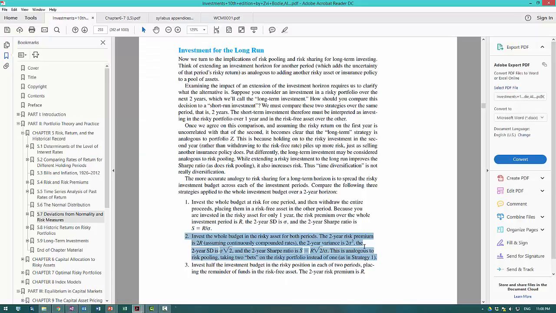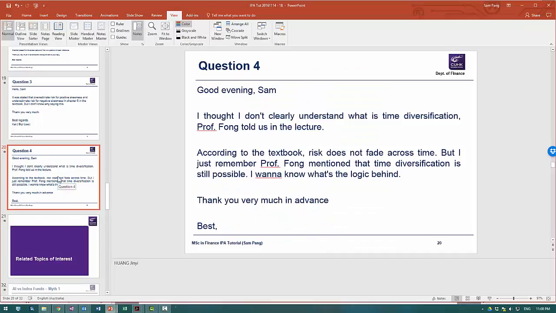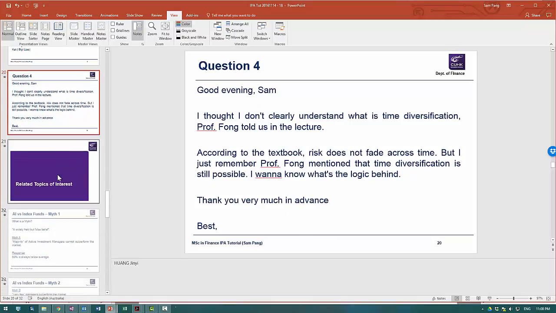In reality, okay, the question is simply, I have some money, I have $1 million, and if I want to commit that to the stock market, shall I really do it for 1 year or 2 years or 5 years?